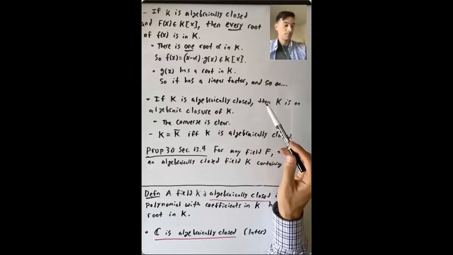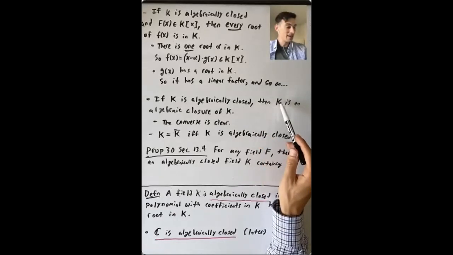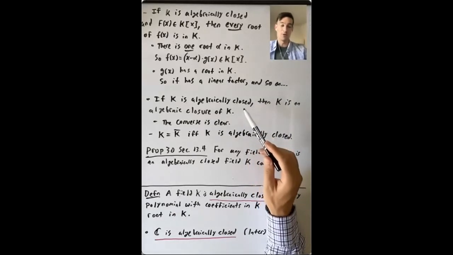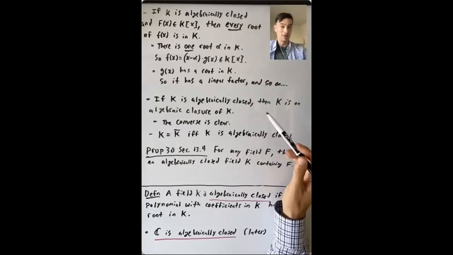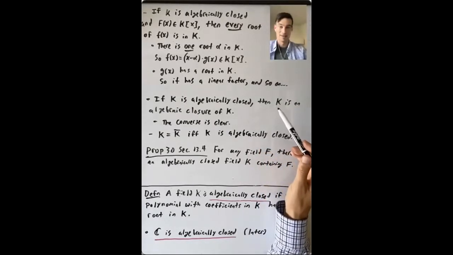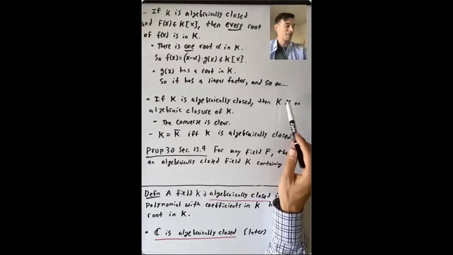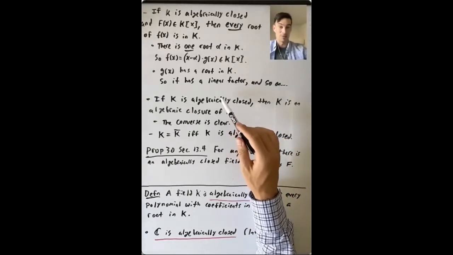Okay, so what are we seeing? We're seeing that if K is algebraically closed, then K is an algebraic closure of K, that every polynomial in K[x] splits completely in K. And the converse is clear: if K is an algebraic closure of K, then K is algebraically closed.